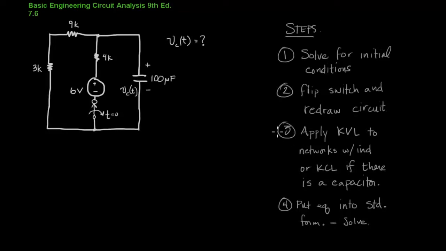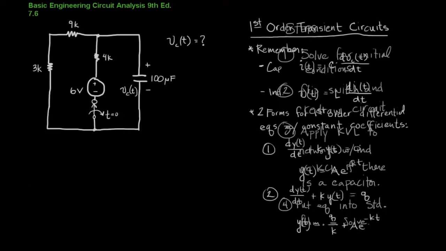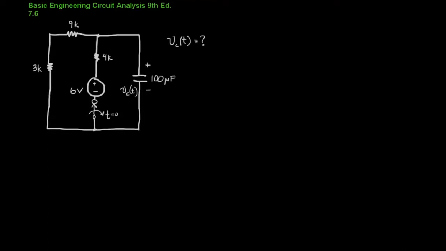Then, not a hard rule, but it makes things easier if you apply KVL to networks with inductors or KCL to networks that have a capacitor in them. Finally, we put the equation into a standard form and then solve it using those two standard form solutions that I showed in the previous text. So let's start by doing our initial conditions.